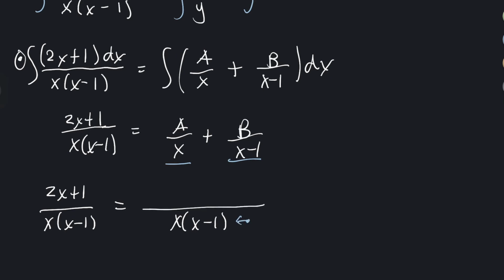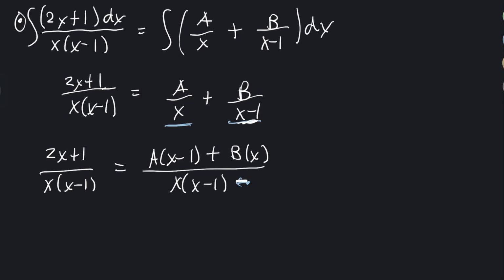Then we're going to divide the denominator by x, so we'll be left with x minus 1, then multiply it to a. That would be a times (x minus 1) plus, let's divide the denominator again by x minus 1, we'll be left with x, then multiply it to b. We can now cancel the denominator on both sides.